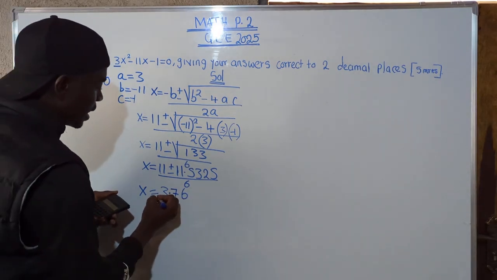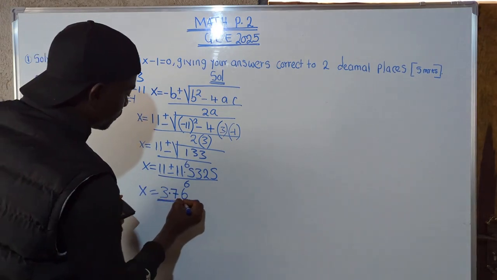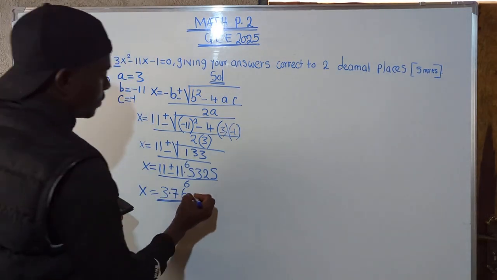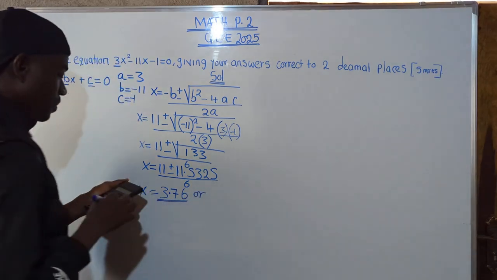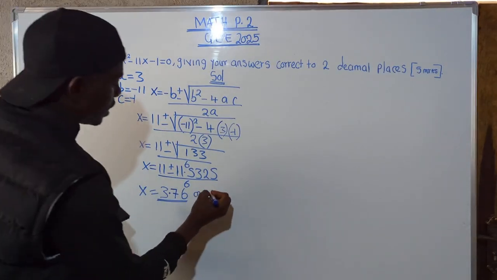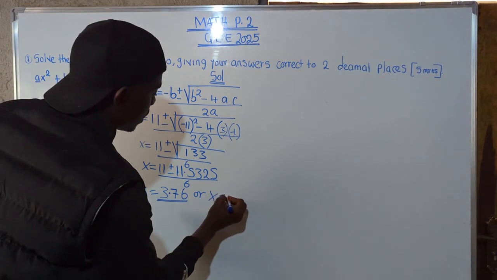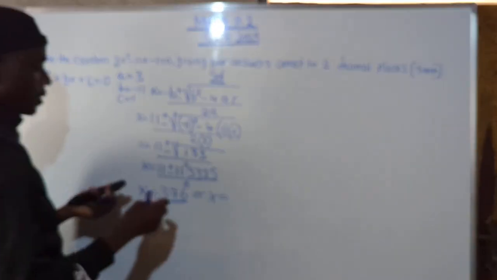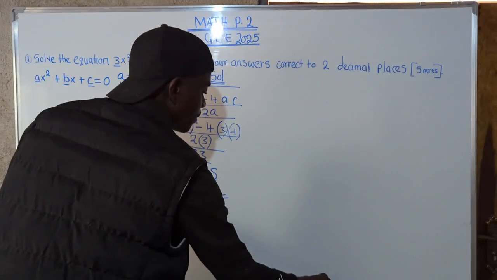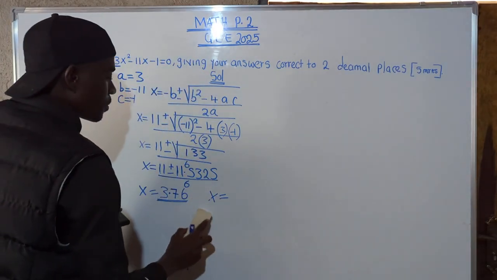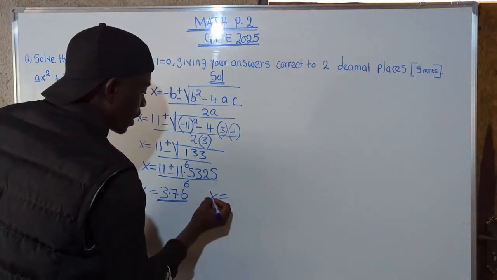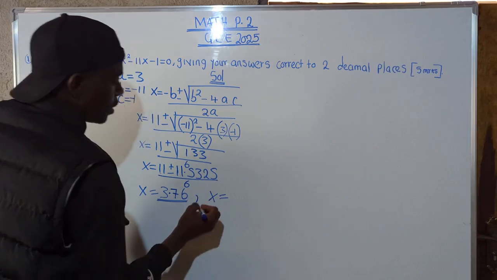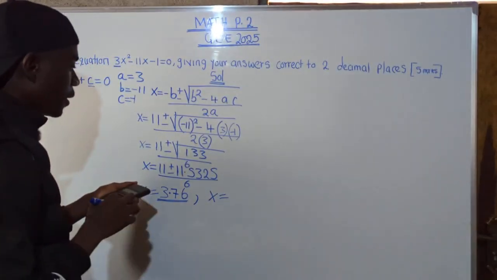So this is correct to 2 decimal places. Then you say, or x is equal to, sorry, just put a comma, it's okay.